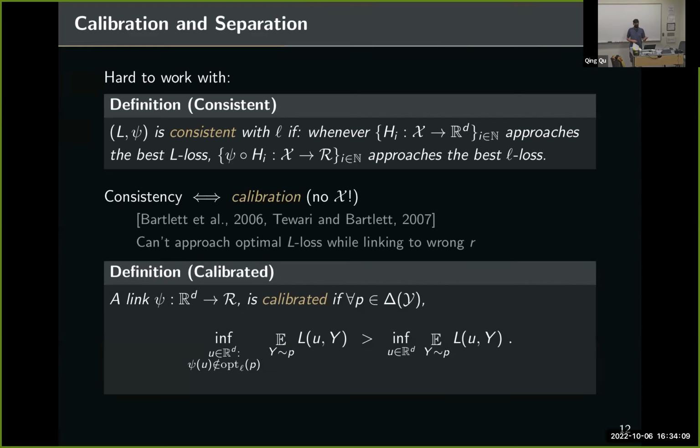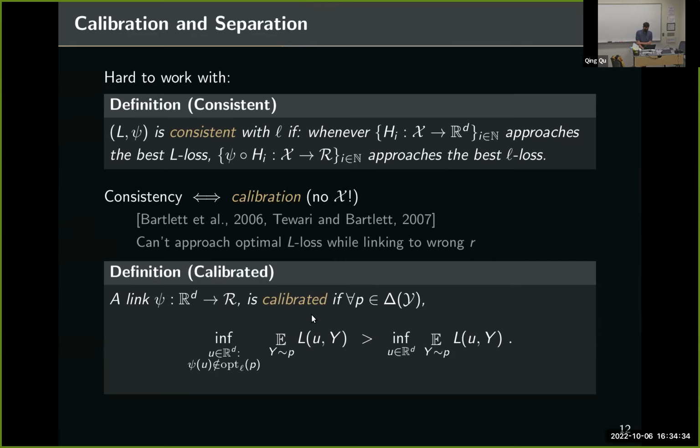It turns out there's this nice definition called calibration, where I'm sweeping some assumptions under the rug, like assuming that the best possible hypothesis is in your class. But I'll just abstract away those details for this talk.